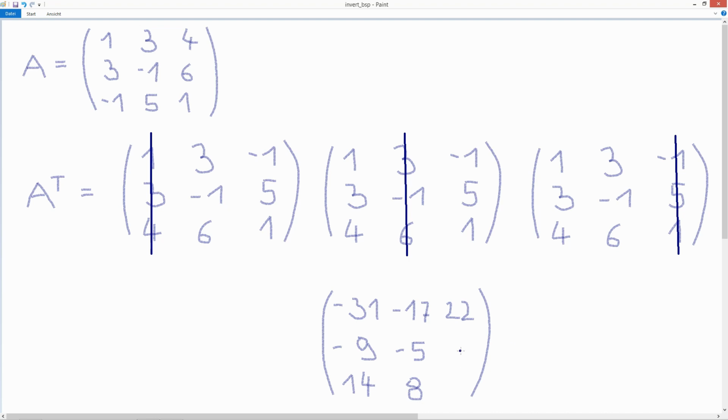For the second entry, we have to ignore this here and calculate 3 times 4 minus 1 times 6 is 6. For the last entry, we have to ignore this here and calculate 1 times minus 1 minus 3 times 3 is minus 10.